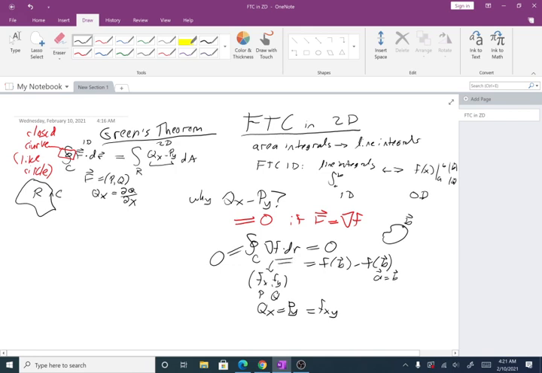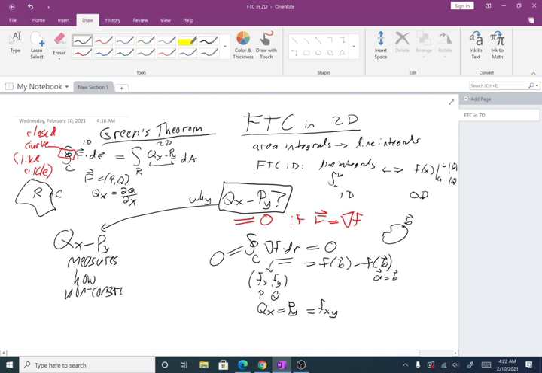So in general, we think of Qx minus Py as measuring how non-conservative F is. And this is related, and it satisfies the fundamental theorem of calculus.